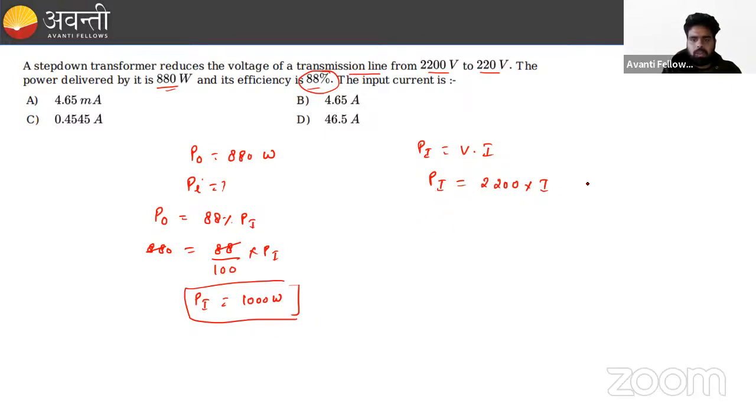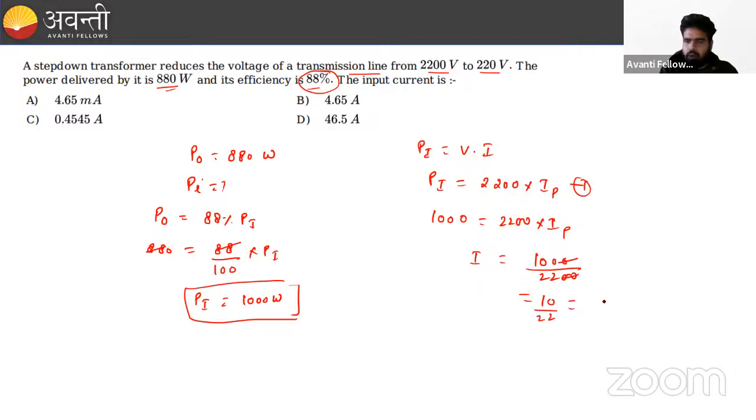If we put this value here, say this is equation 1, 1000 equals 2200 into I. I is the primary current, the current in the input section, and that is what is asked in the problem. So the input current is 1000 upon 2200, which becomes 10 upon 22, written as 5 upon 11.